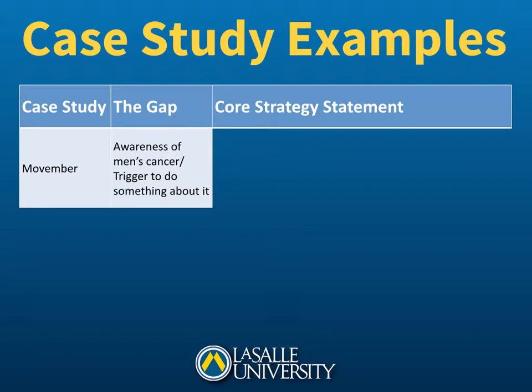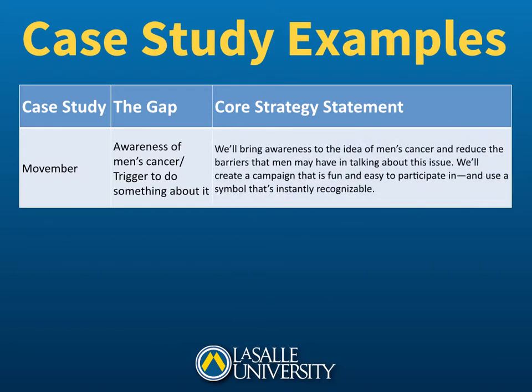So an example of what their core strategy statement might have been would be something like, we'll bring awareness to the idea of men's cancer and reduce the barriers that men may have in talking about this issue. We'll create a campaign that is fun and easy to participate in and use a symbol that's instantly recognizable, that it can show the participation and lower that barrier to entry into a campaign.